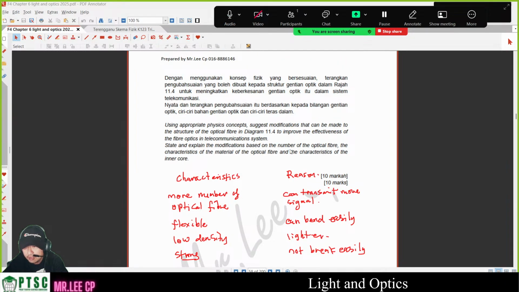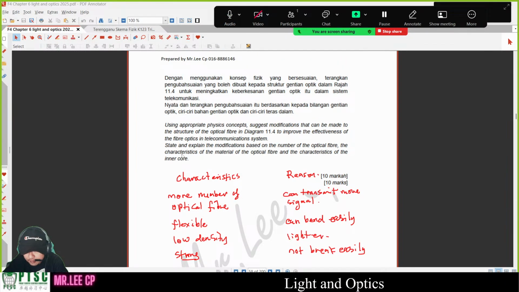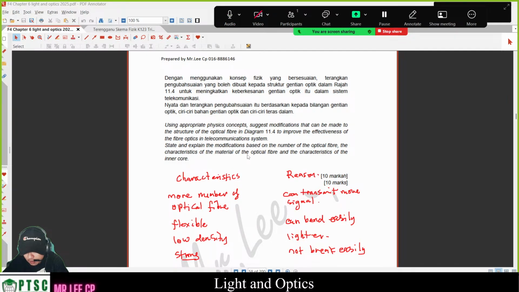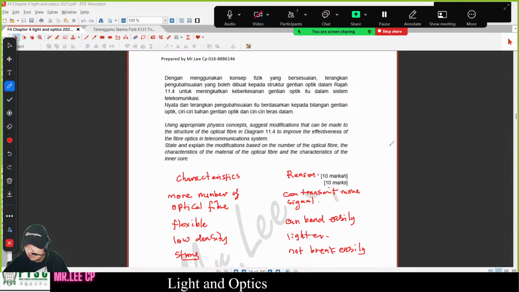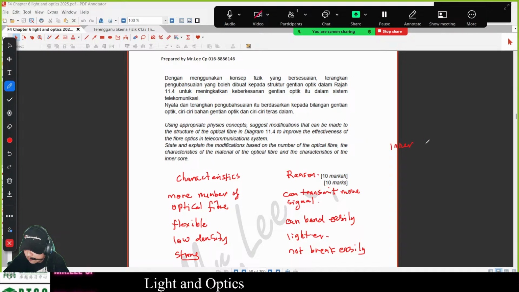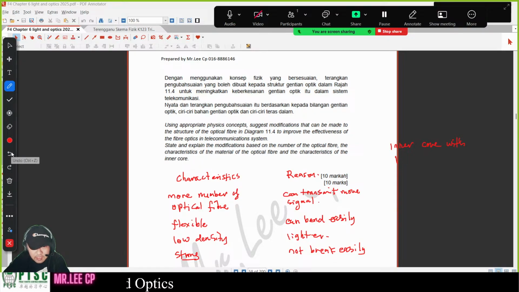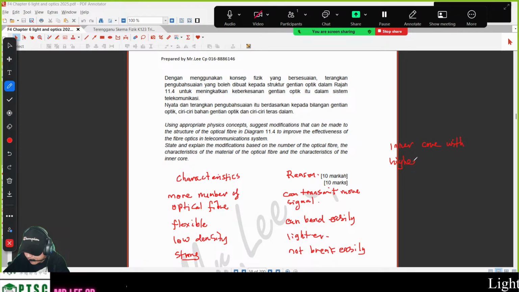All right, next one, the characteristic of the inner core. So inner core with higher optical density.